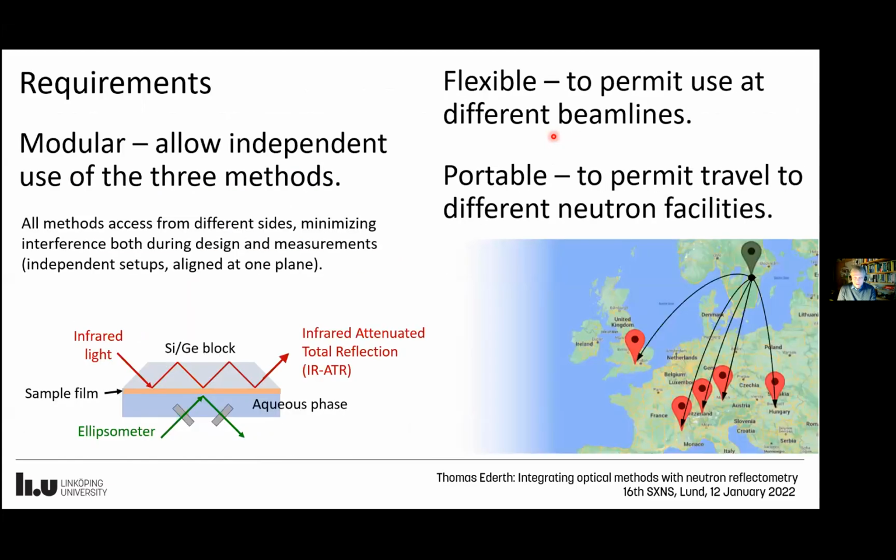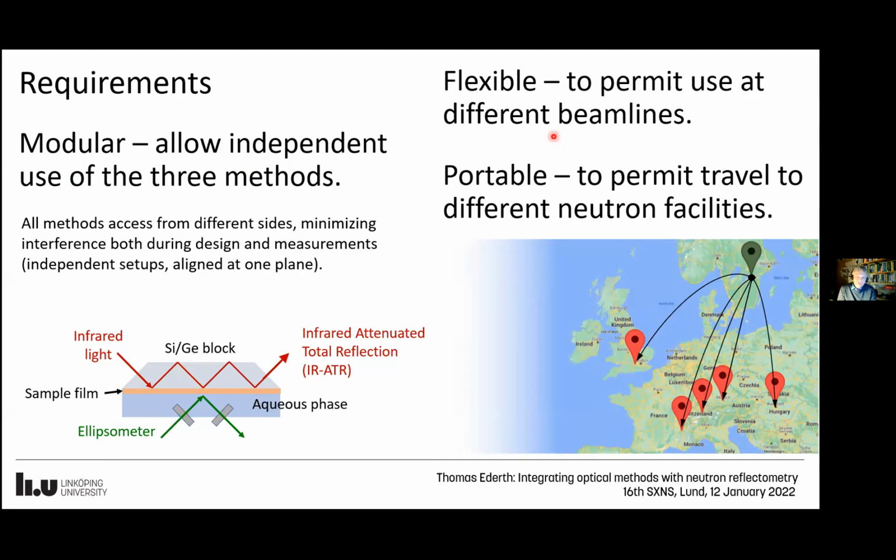When we set out to do this, we had some requirements. We wanted the setup to be modular, so each of these methods should be possible to use independently of the others.